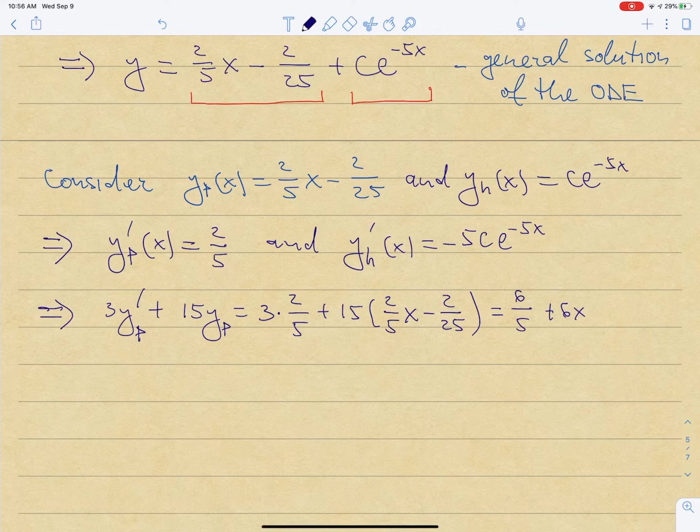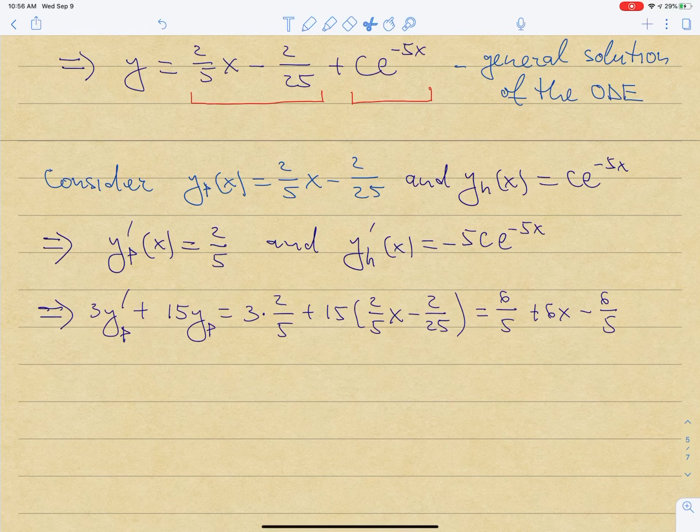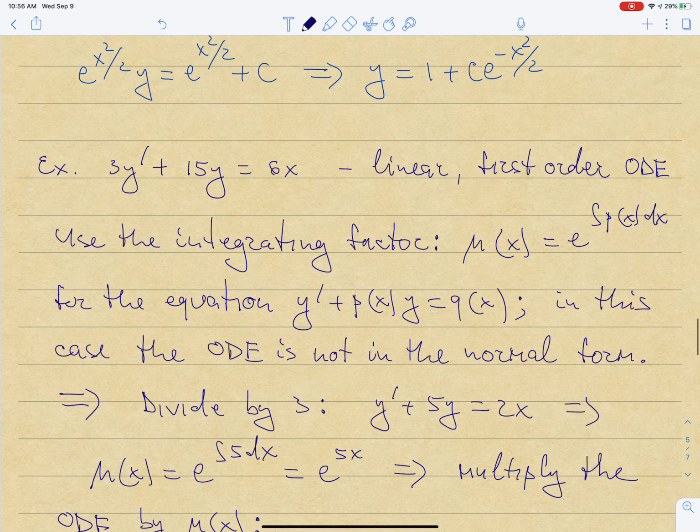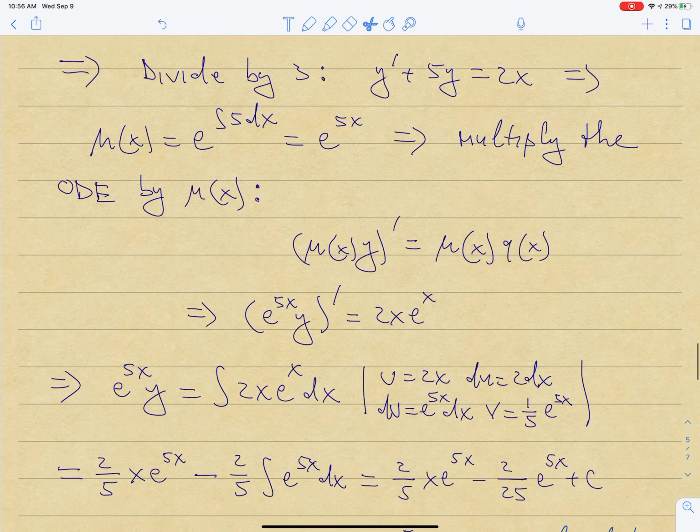Again, 5 cancels out, so we have minus 6/5, right, if we distribute 15. All right, and so then it should not come as a big shock that 6/5 goes away, and this is equal to 6x. My original equation again is right here. So the right-hand side is 6x.